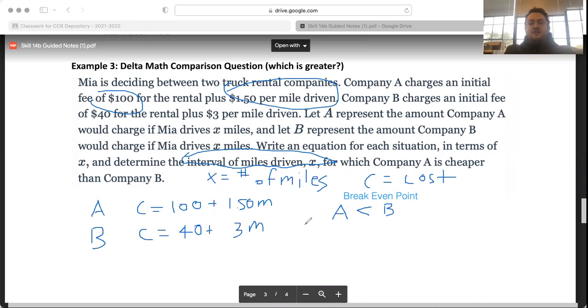And I can just substitute the two equations. So instead of doing elimination, I'm going to substitute the two equations in. So I'm going to say 100 plus $1.50 M is less than company B, which is 40 plus 3M.